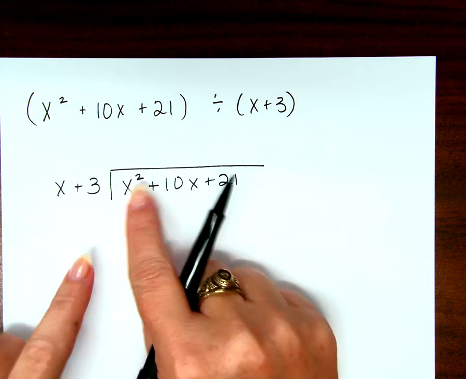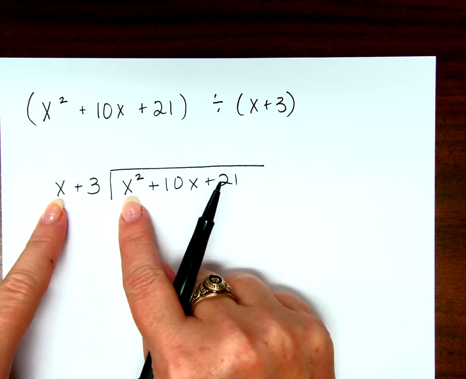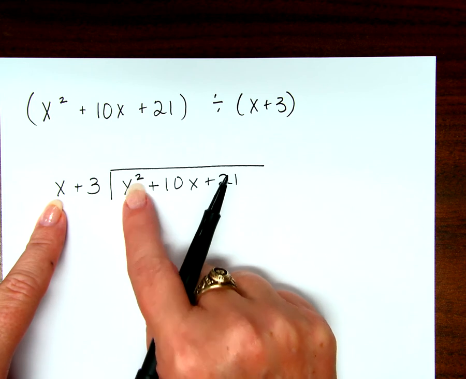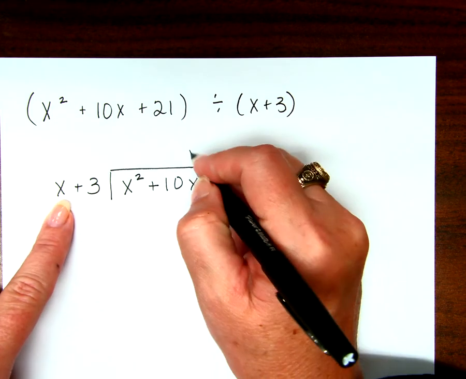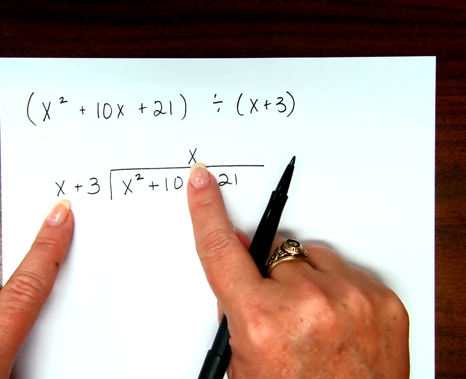And what we think about is just the first terms, right? That's all we have to pay attention to. What is x squared divided by x? So we write that over the x term, and then we multiply.